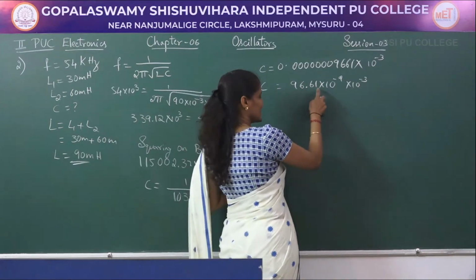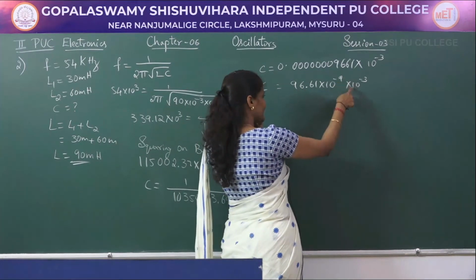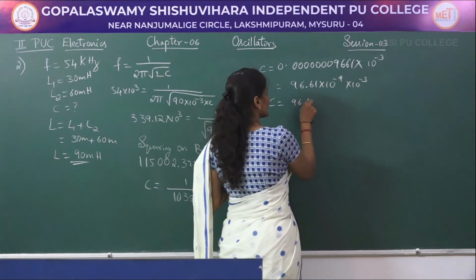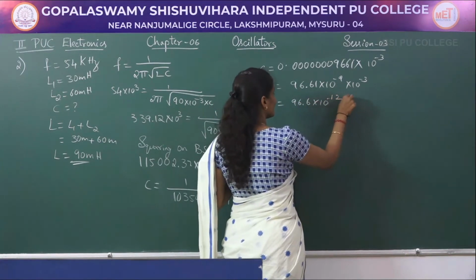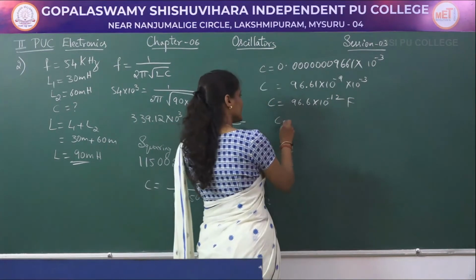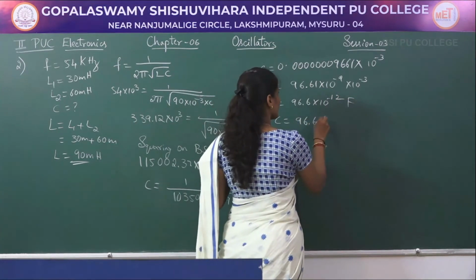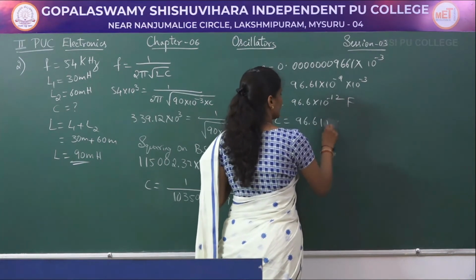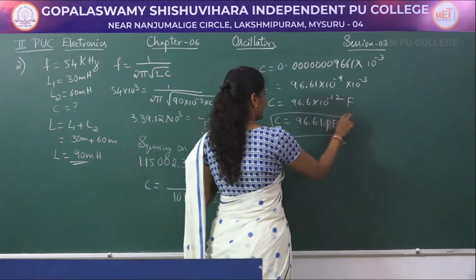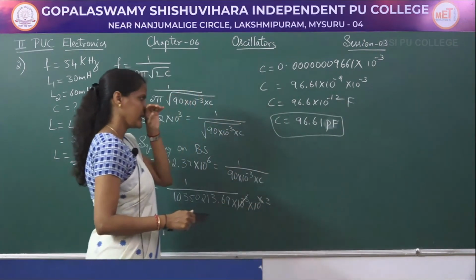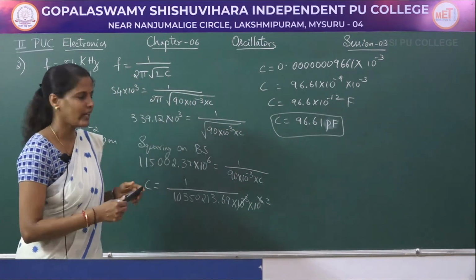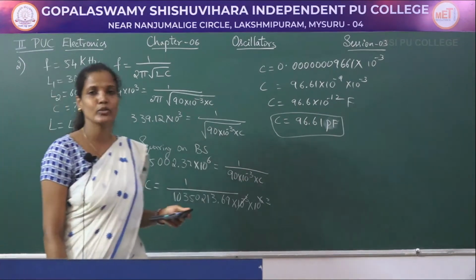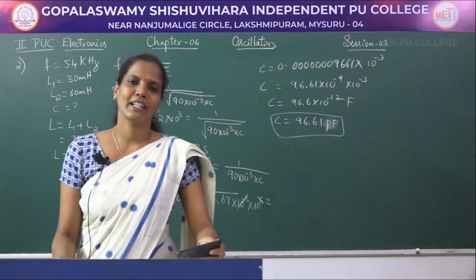So 96.61 into 10 to the power of minus 3 into 10 to the power minus 9 gives me 96.6 into 10 to the power of minus 12 farad, or C is equal to 96.61 into 10 to the power of minus 12, let me write it as picofarad. So this is the final answer, that is 96.61 picofarad for this given problem where frequency and inductance values are given. You have to find out the value of C.